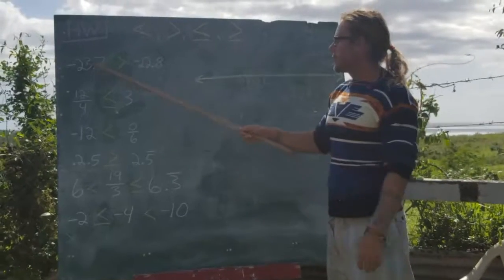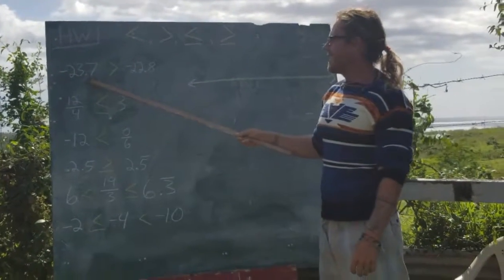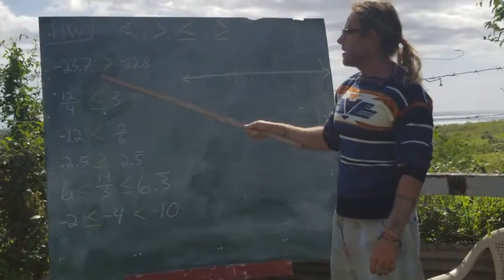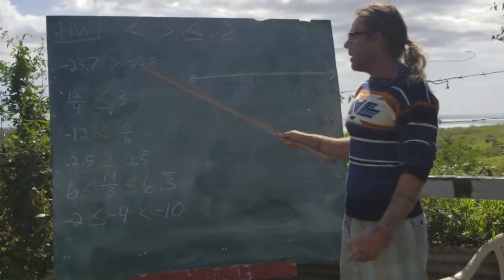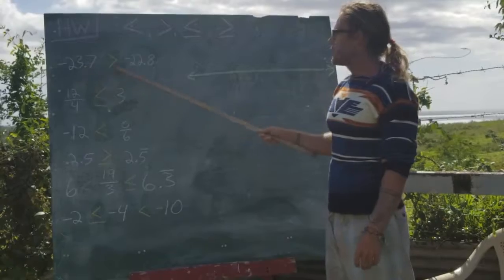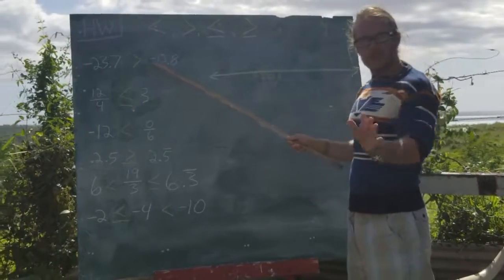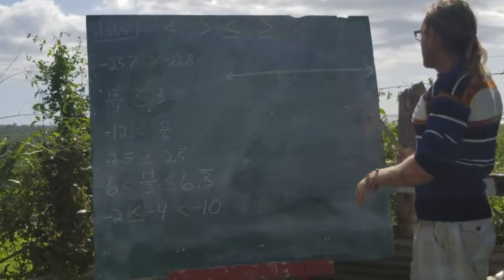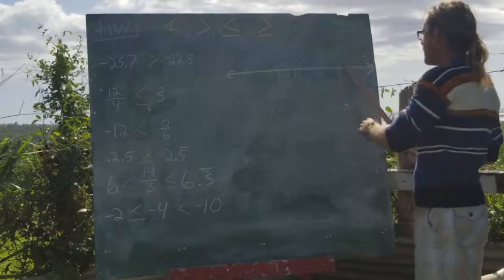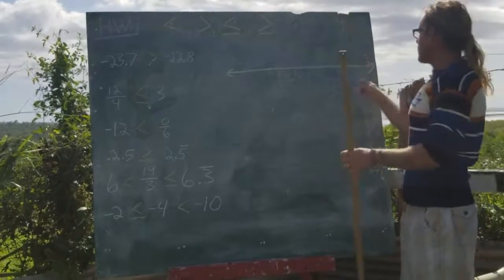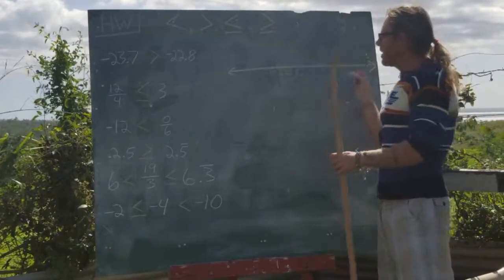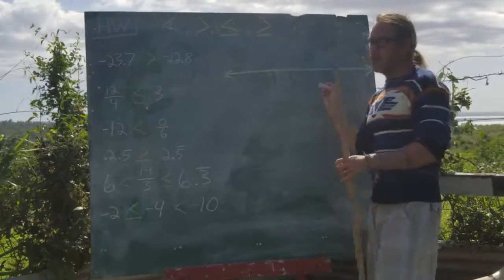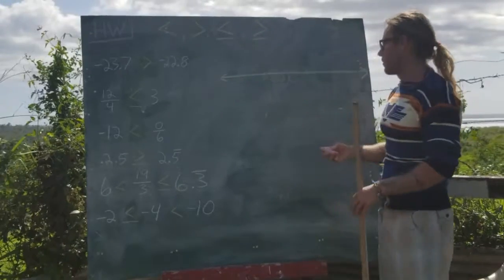That's our goal. So negative 23.7 is greater than negative 22.8. Well, that looks right. 23 is greater than 22. But wait, these are negatives, remember? If we look at our number line, if 0 is our origin, our negatives, negative 1, negative 2, negative 3, decrease in quantity the farther one gets moving leftward on the real number line.